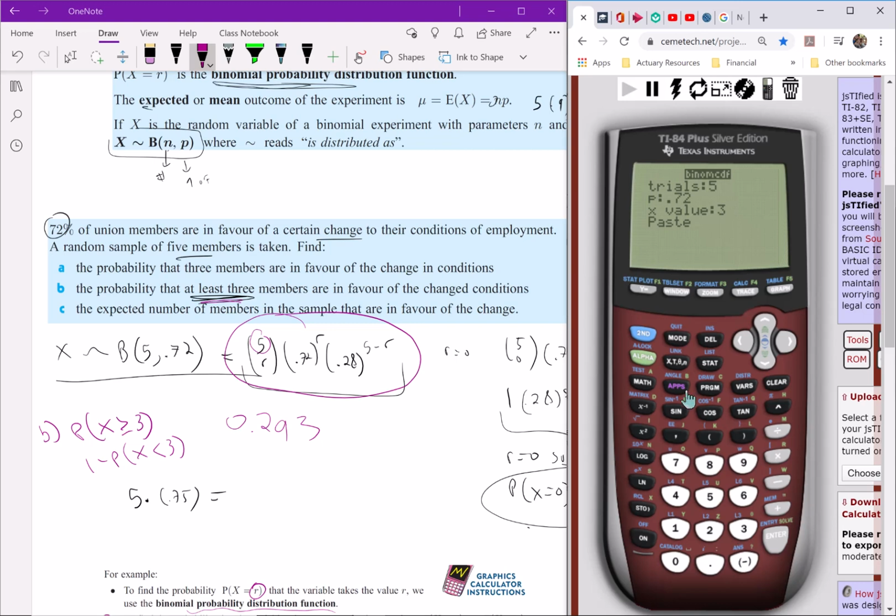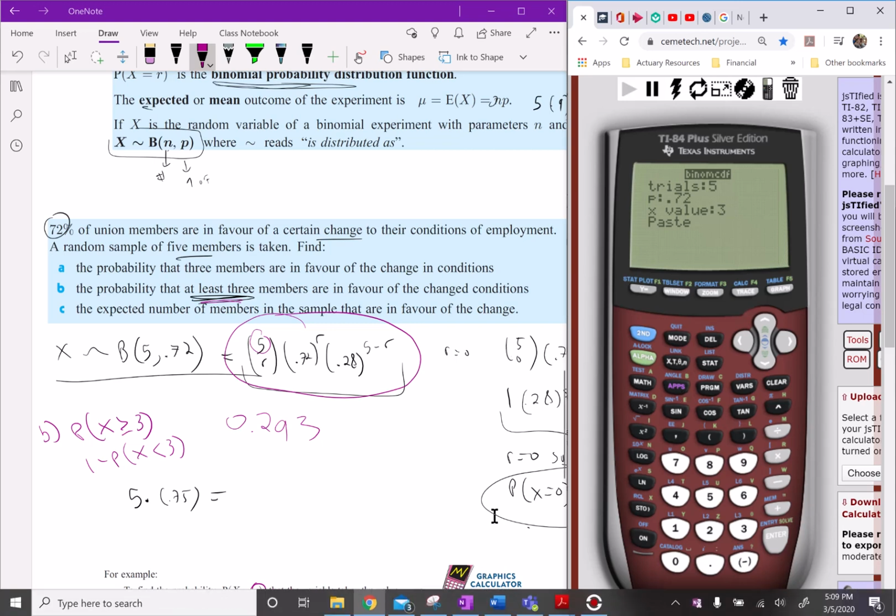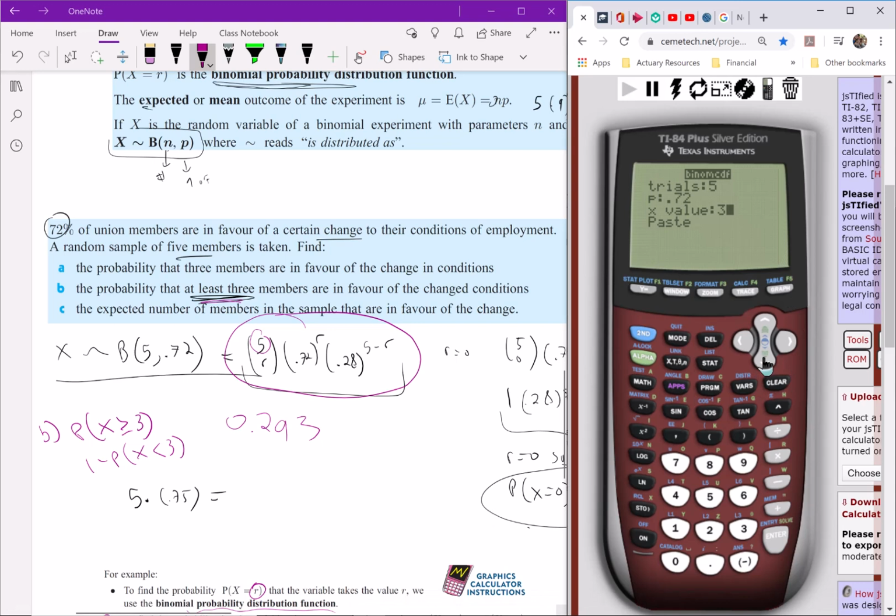All right, so what this is actually going to give us is an incorrect answer. So I'm actually thinking we need to put less than or equal to 2 because we don't want it to include 3 in this case, right? We want it to include 2 and below. I want it to be less than or equal to 2 because it includes whatever value this is here. So I actually need to make this 2 and then do it.